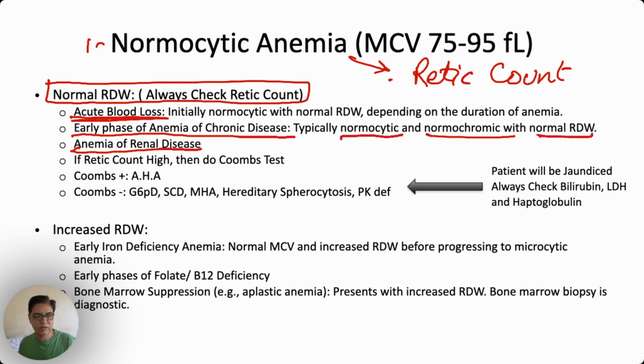There is an absolute Retic count and a corrected Retic count. Both have to be calculated, and usually when they do the Retic count, they tell you which is the absolute and which is the corrected Retic count, because the machine does all the calculations for you. Why are we looking at the Retic count?